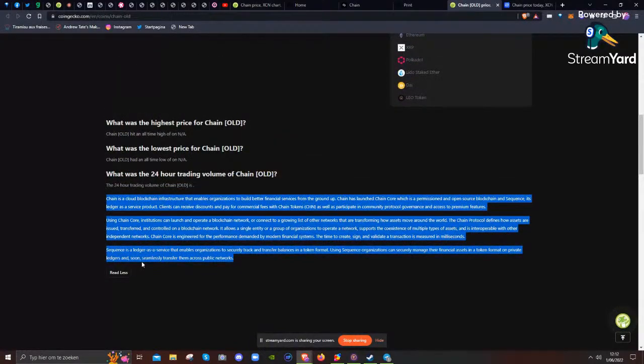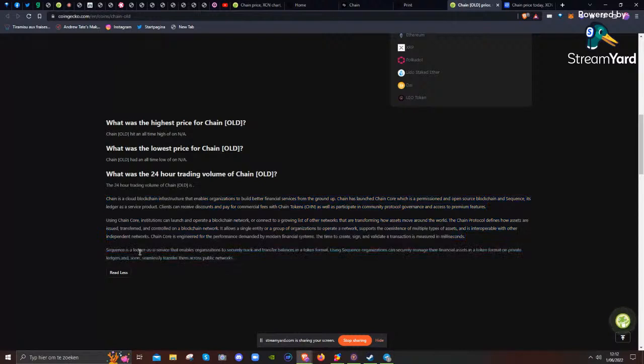So basically, the additional text goes deeper into what Chain Core is and what Sequence is. Sequence, you need to remember, is a ledger, meaning it is something like a book wherein transactions are being held, secured, and publicly available. So that's what they're saying here. And Chain Core, that's the main platform, how they named it.